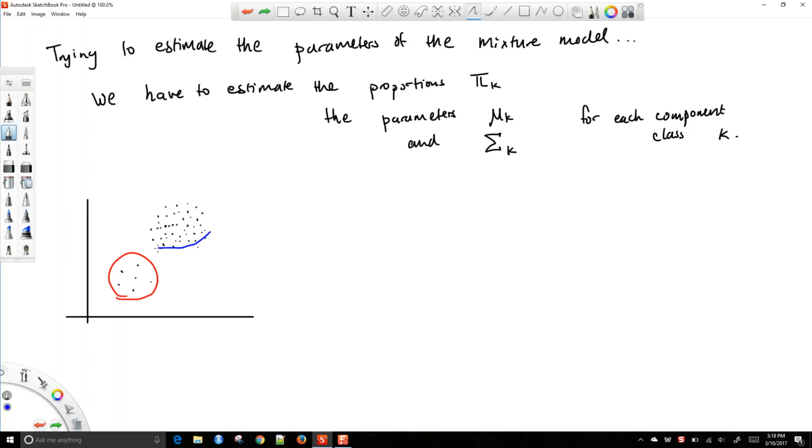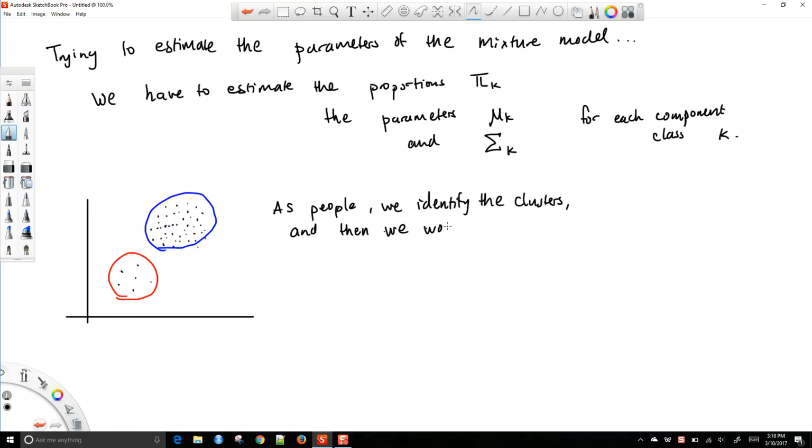As people, we would identify the clusters, and then we would probably do maximum likelihood estimation for each cluster that we've identified, right?